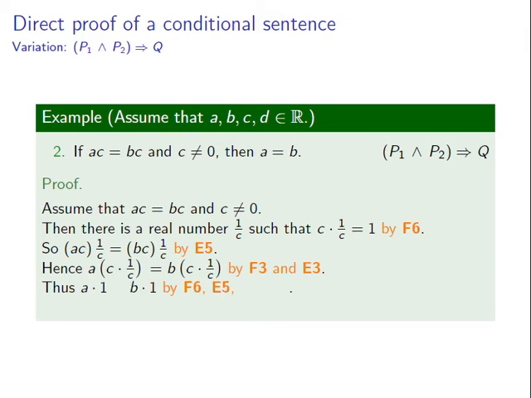Hence, by the multiplication property of equality, the left side of the equality is equal to A times 1, and the right side is equal to B times 1.